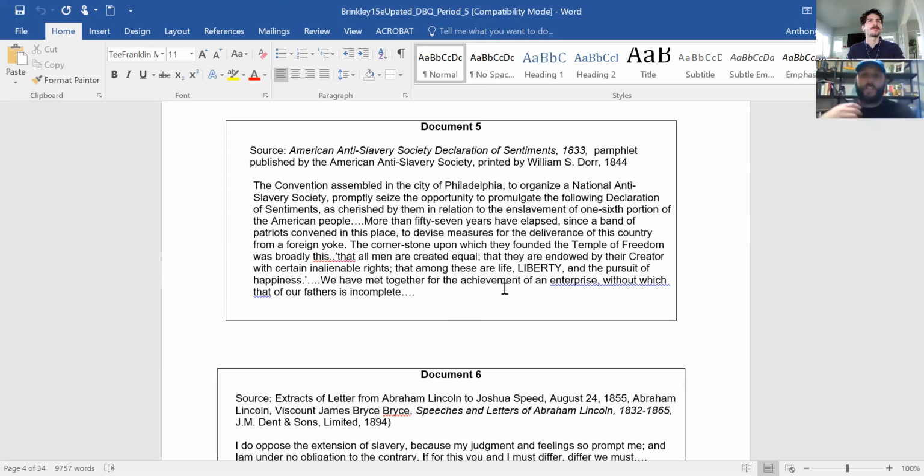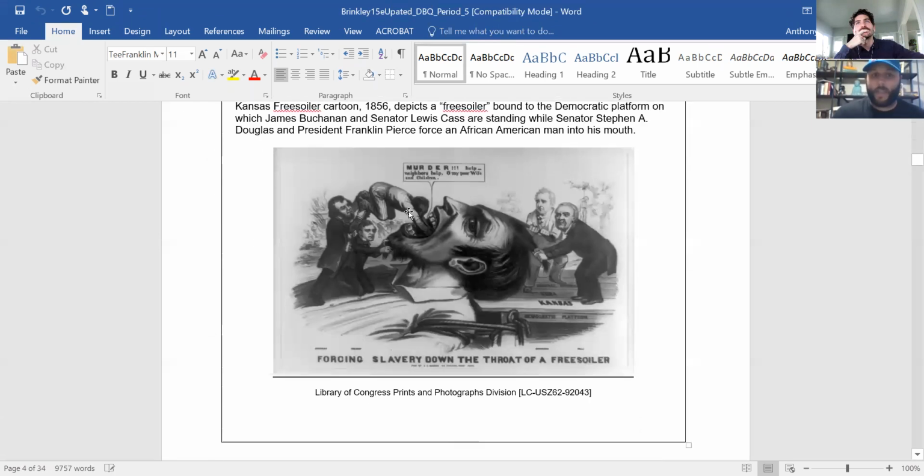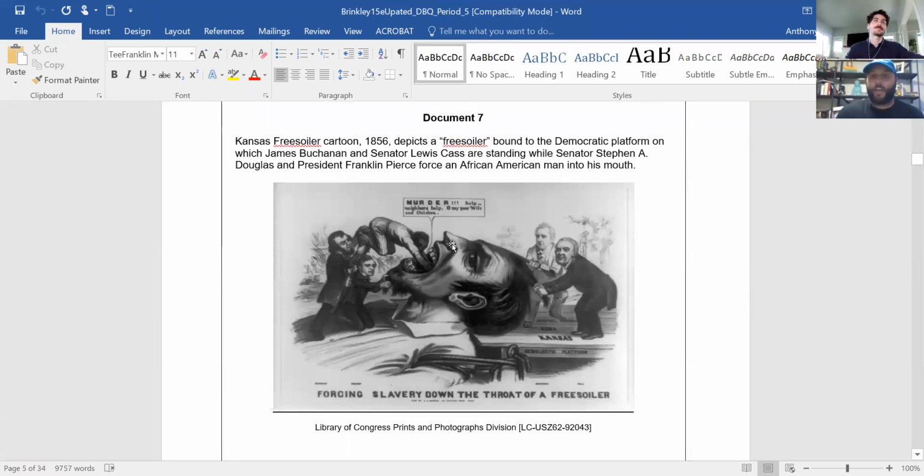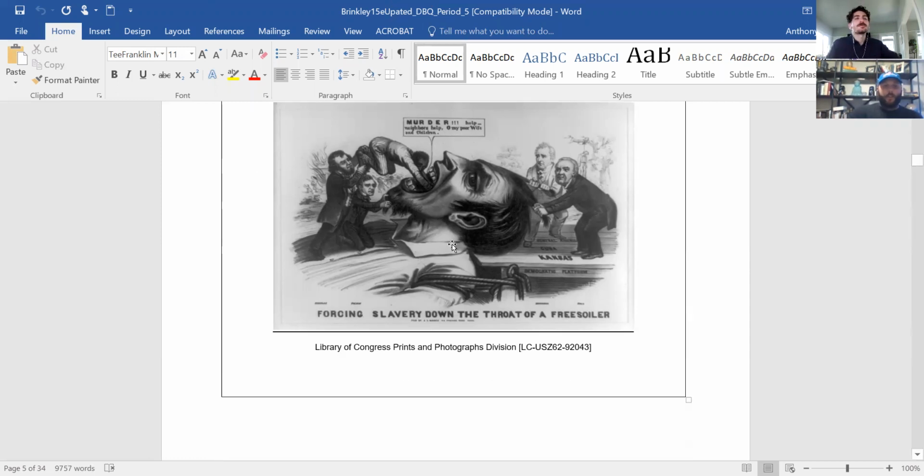These are civilians talking about this, so it's not like the legislators are talking about it. It's a societal debate. It's individuals talking about it and trying to influence the minds of voters, which is the same as this one. You're trying to convince people that slavery should not exist in our country. Interesting.